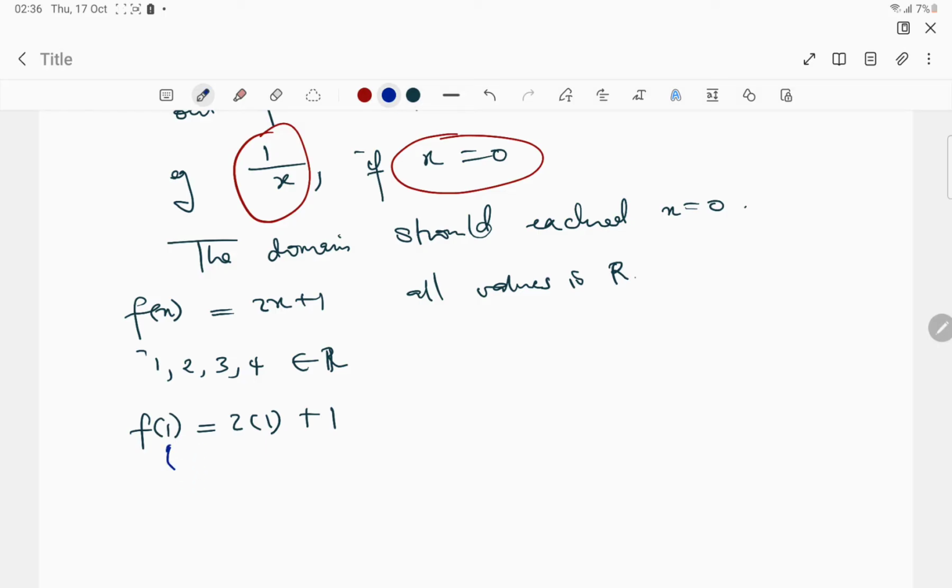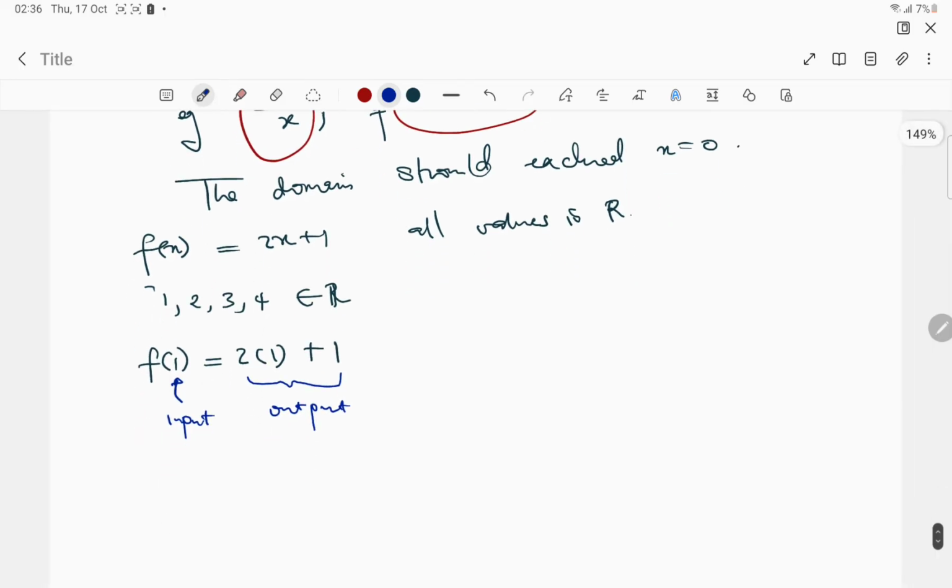This is the input, this is the output. So if we input 1, we output 3. So f of 1 is equal to 3.